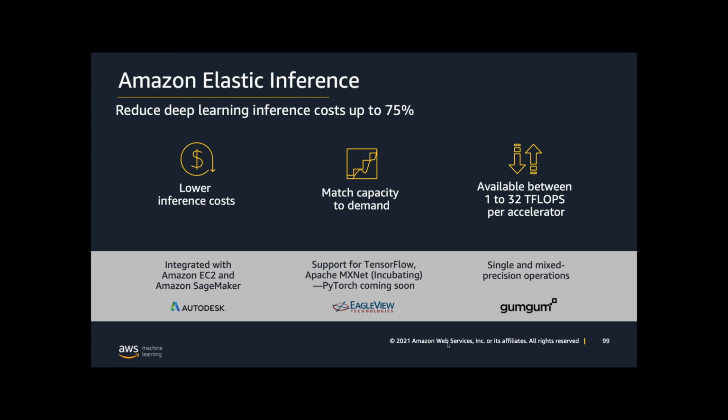By using Elastic Inference, you can just use a specific amount and percentage of a GPU, and you can take advantage of that. You don't need to run with overcapacity. So that's super helpful when it comes to inference cost, because it can reduce the deep learning inference cost by up to 75%, and that's a huge achievement when it comes to cost.